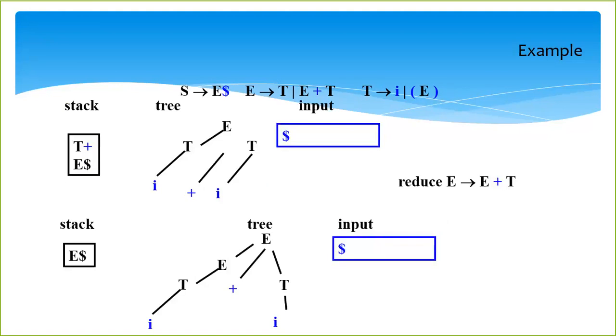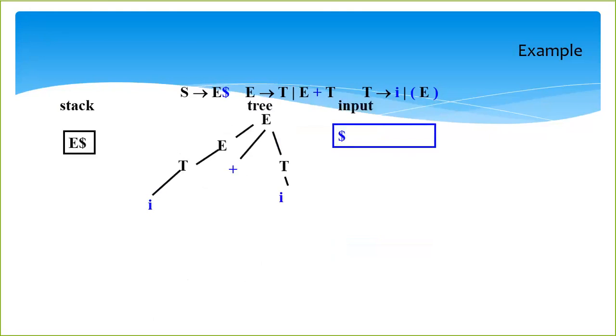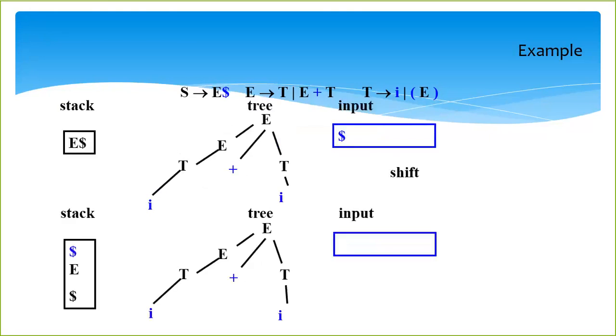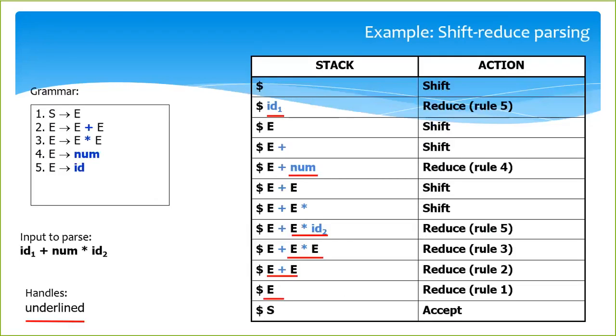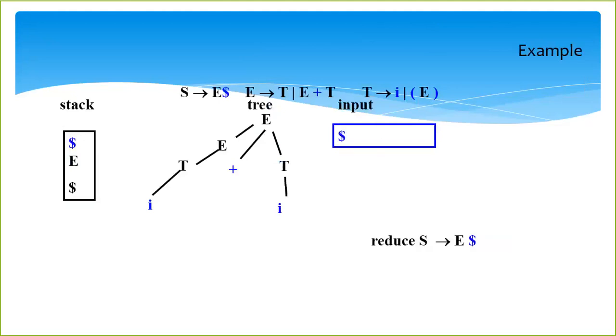Once you have E producing E plus T, ultimately we have updated the tree structure, with E plus T being reduced to E. If we move further, the last rule available is S producing E, and we did the same here. Once you do that, S producing E, this is the last diagram available, which completed the derivation of the stack.